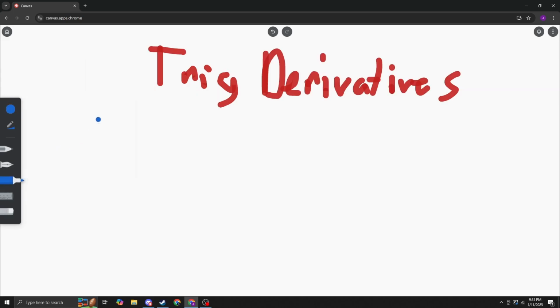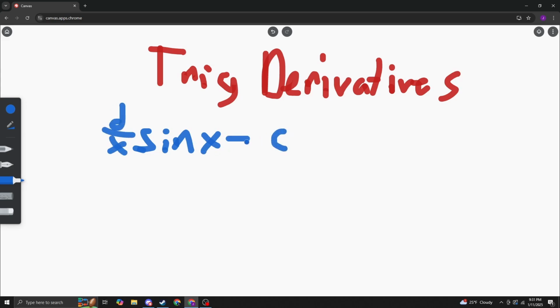Our trig derivatives. So these you're just going to have to memorize. And we'll start with sine of x. The derivative of sine of x is cosine of x. The derivative of cosine of x is negative sine of x.